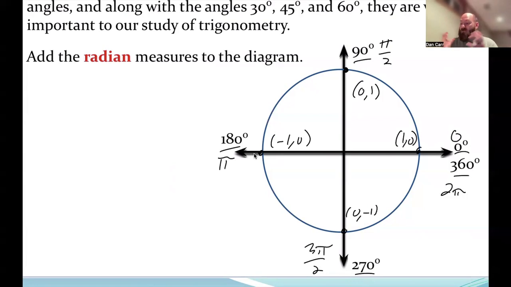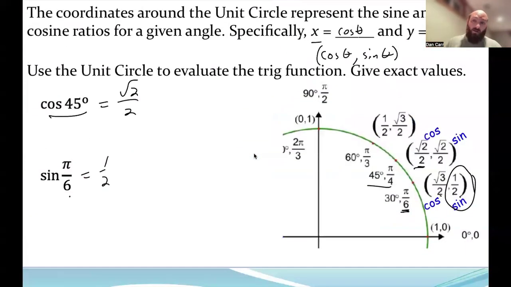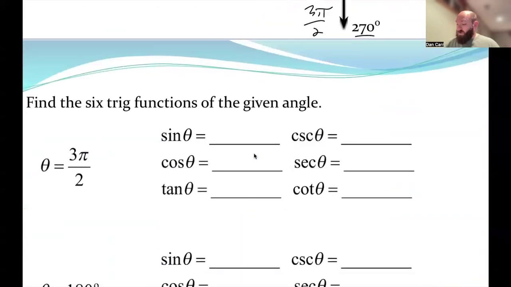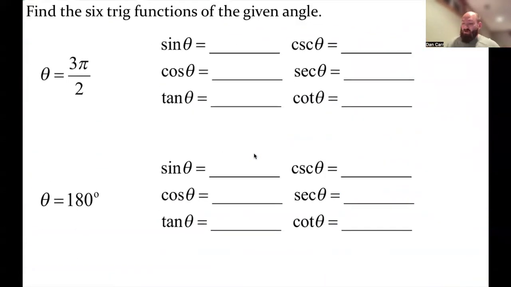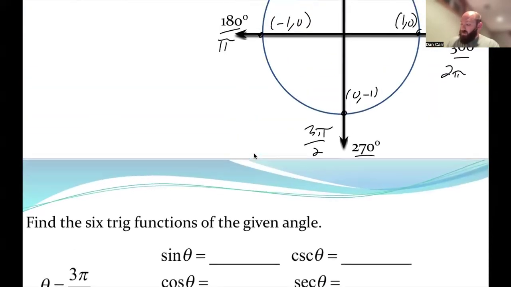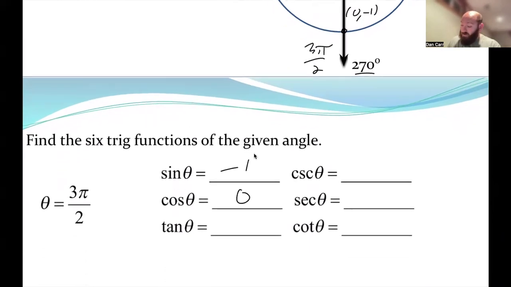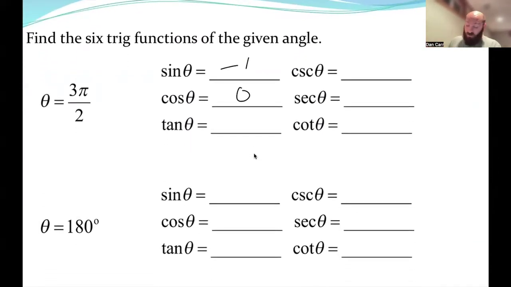Okay. I'm still going to use the same exact thing of cosine comma sine for our coordinates. So when I look at here, I want to find our 6 ratios for theta equals 3 pi over 2. So 3 pi over 2, first starting with sine. Sine is negative 1. Cosine is x. X in this case is just 0. Now remember from before, tangent, we don't have a direct way of doing that with the unit circle, but we can do sine divided by cosine.